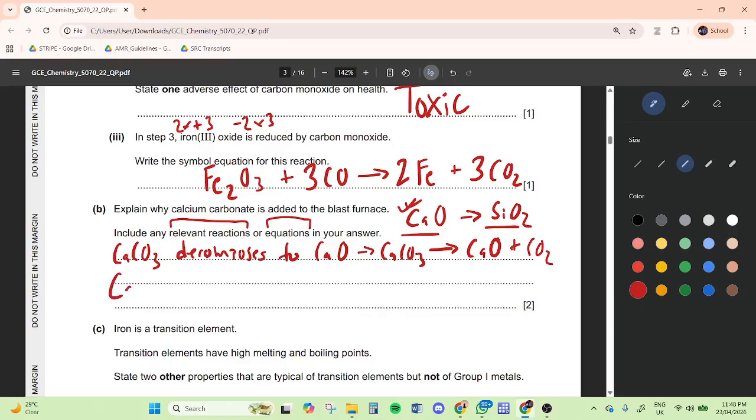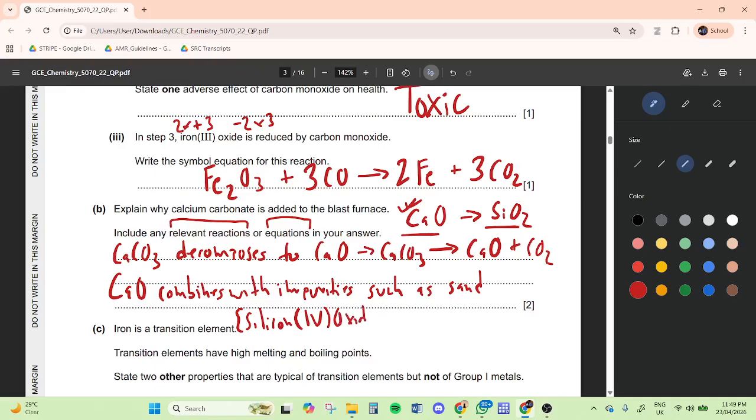And then you write down CaO combines with impurities such as sand, which is silicon dioxide, silicon IV oxide.